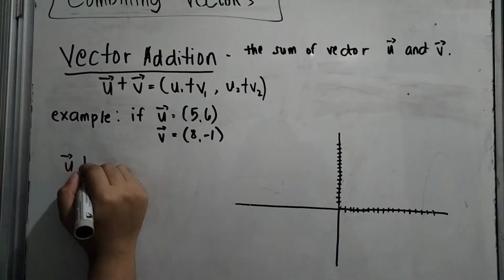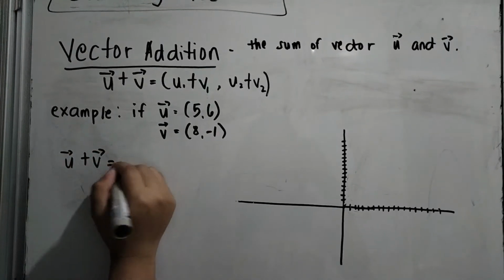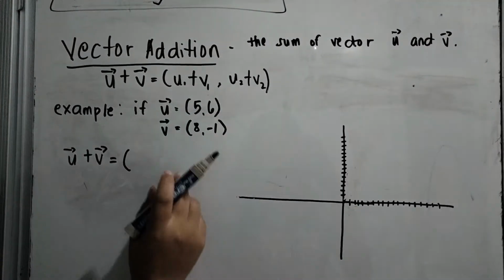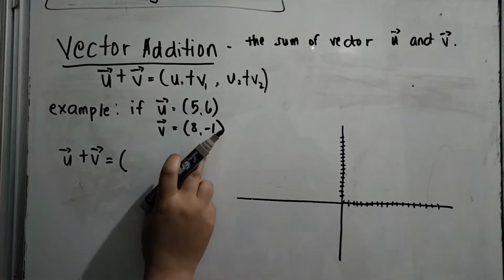Vectors of u plus vectors of v is equals to, so substitute natin itong formula na to sa given corresponding components.